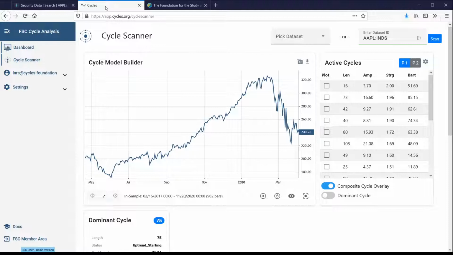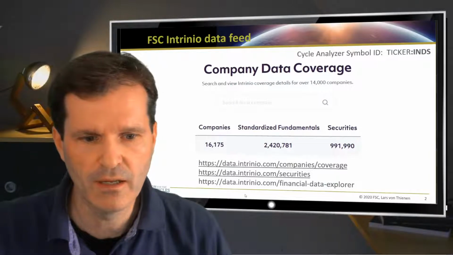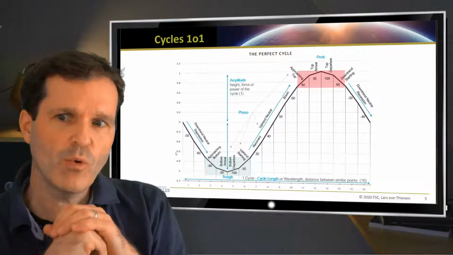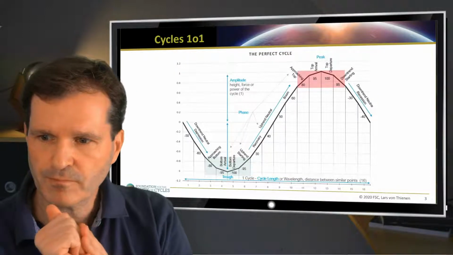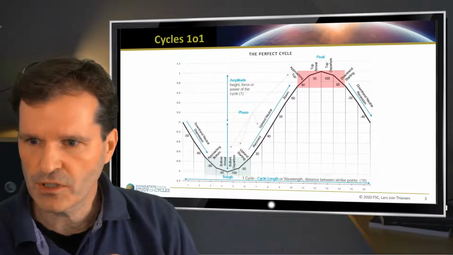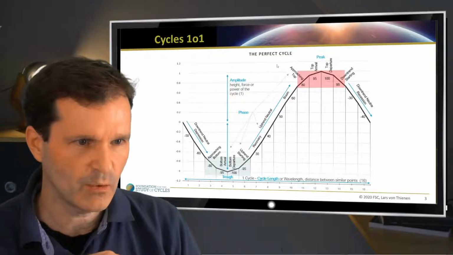Another topic I want to cover is some basics, which is always requested from you. What you see here is a basic chart. This is also important to understand. This is a simple cycle which is shown here.